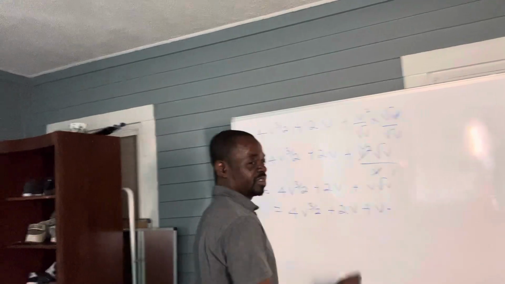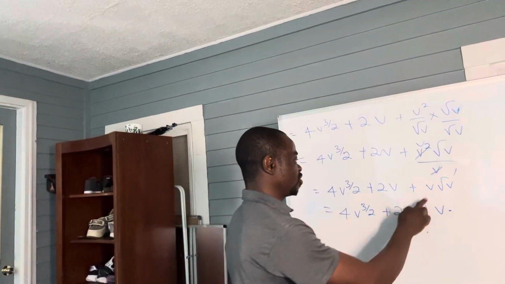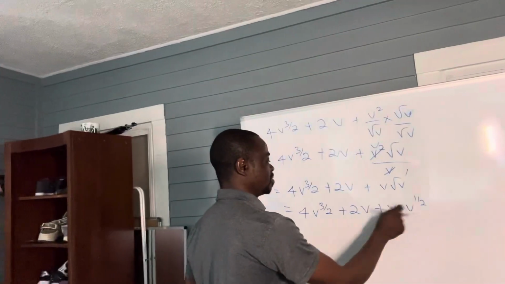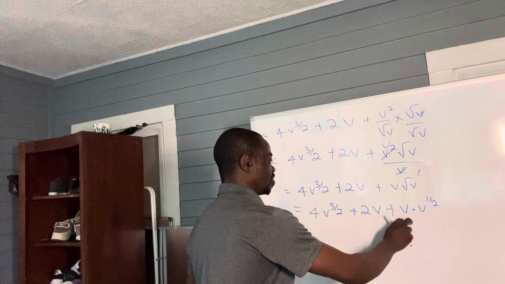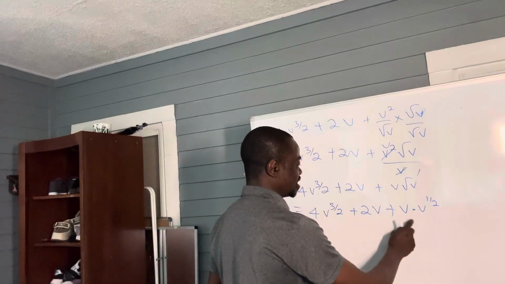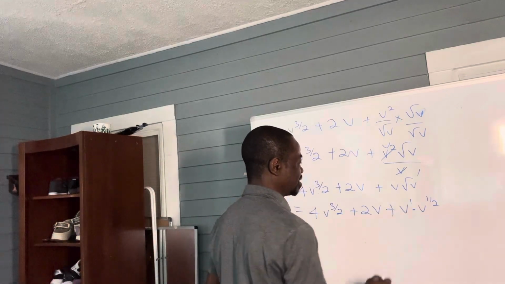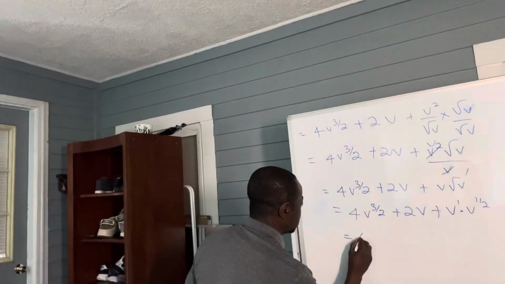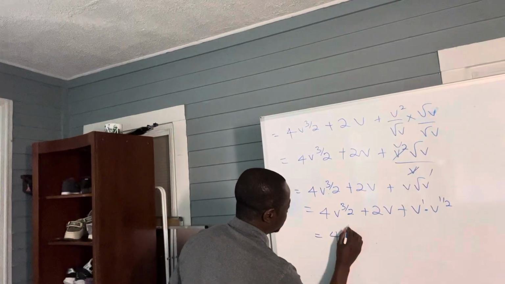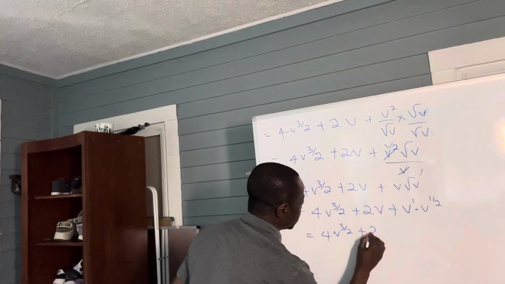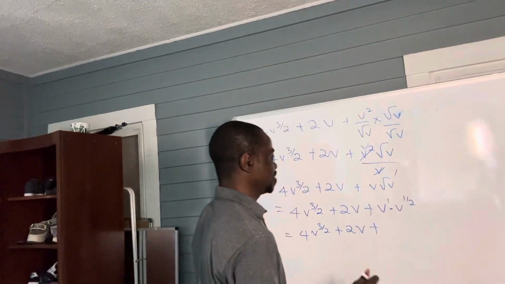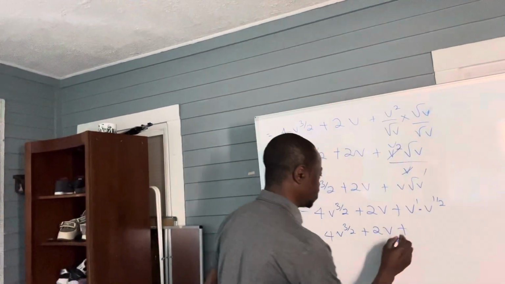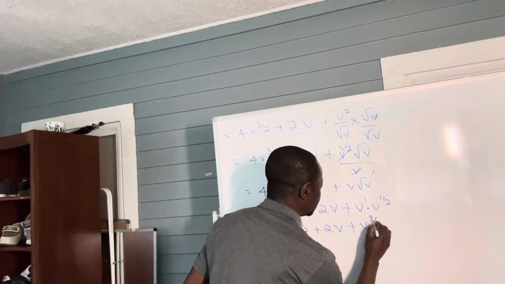You can change this to a power. Root v is the same thing as v raised to the power half. So this is a product with the same base, and once you have the same base, you can add the powers. This is v to the power 1, then v to the power half. So 4v to the power 3 over 2 plus 2v, then plus 1 plus half gives us 3 over 2. So you have v raised to the power 3 over 2.